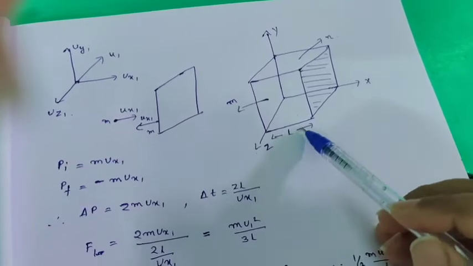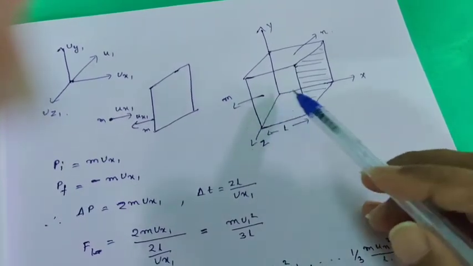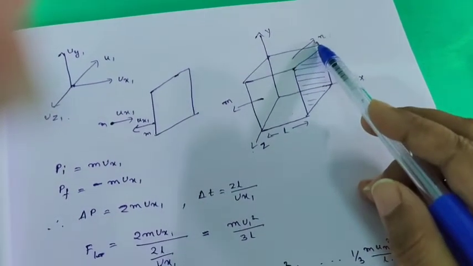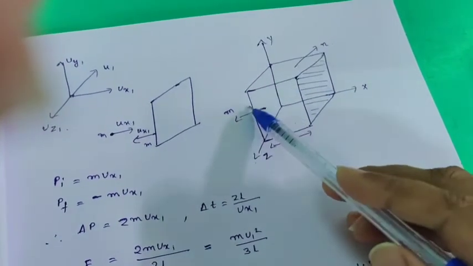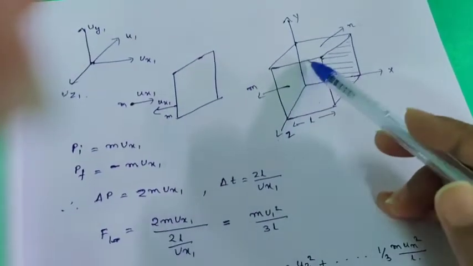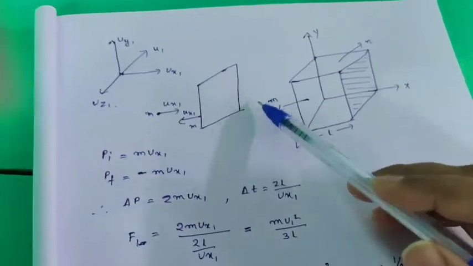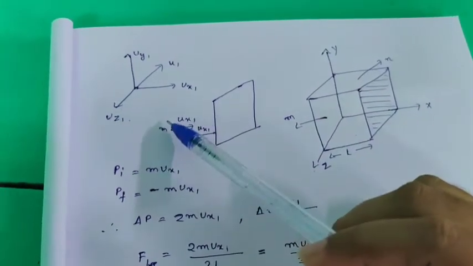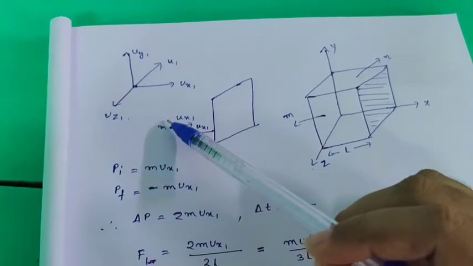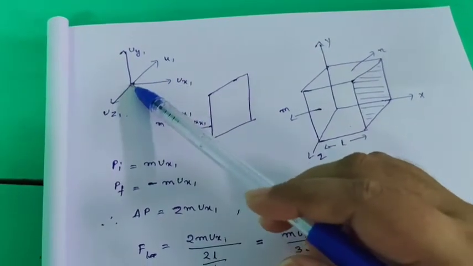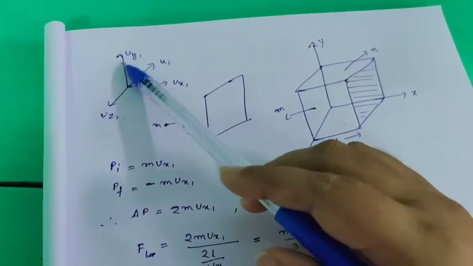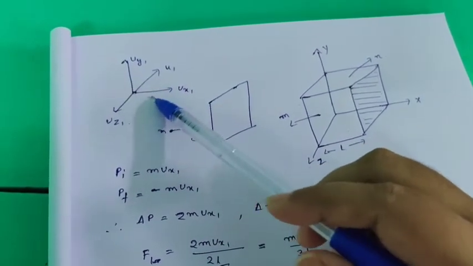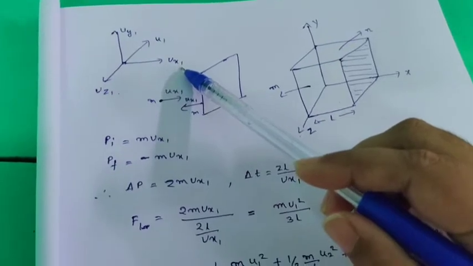The length of each side is L. The total number of molecules inside this cube is n, and the mass of each molecule is m. We consider only one molecule, and suppose its velocity is u1. We can determine its three components. Here we are considering only the x direction.